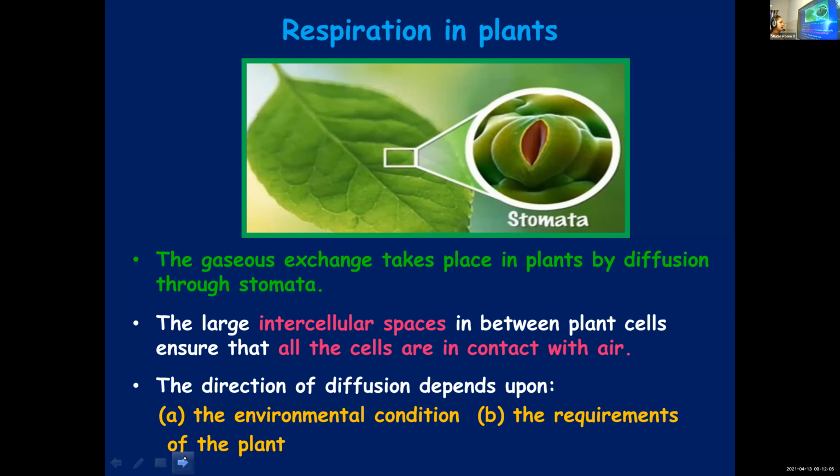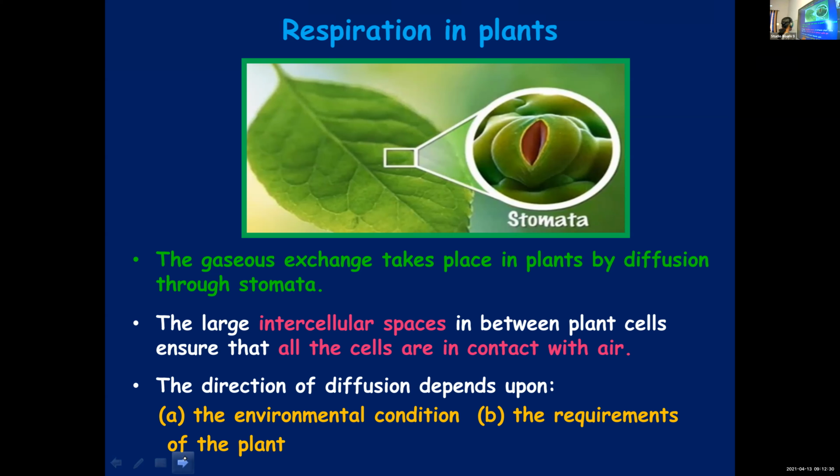I'll repeat once again. We were discussing respiration taking place in plants. How do plants respire, and through where is the respiration taking place? Plants respire through minute openings known as stomata, and it takes place by diffusion.